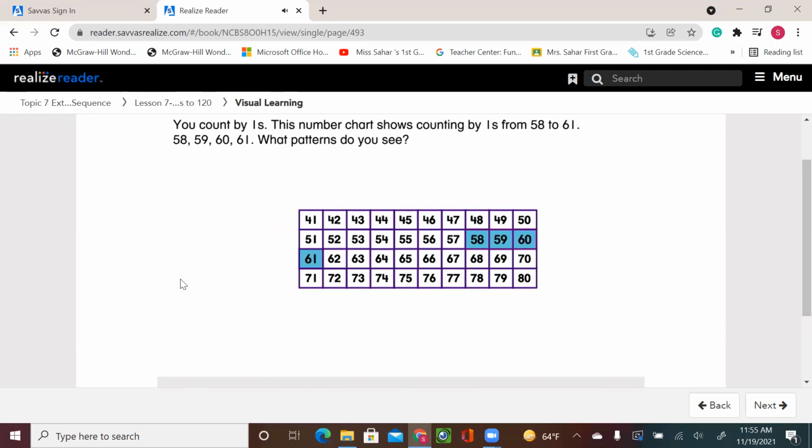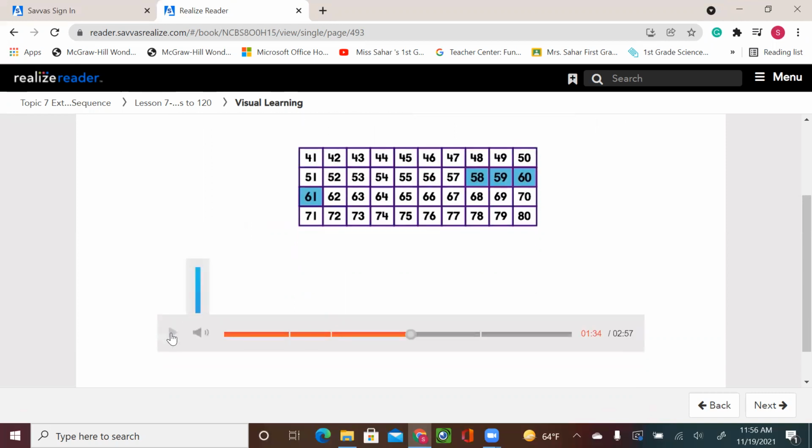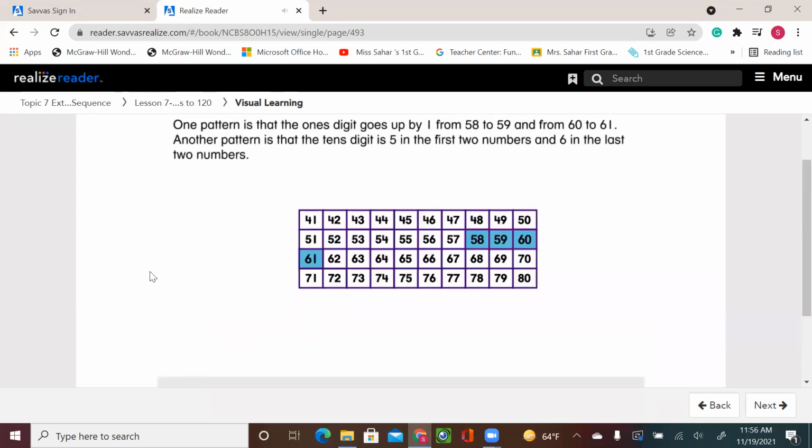What patterns do you see? One pattern is that the ones digit goes up by 1 from 58 to 59 and from 60 to 61. Another pattern is that the tens digit is 5 in the first 2 numbers and 6 in the last 2 numbers.